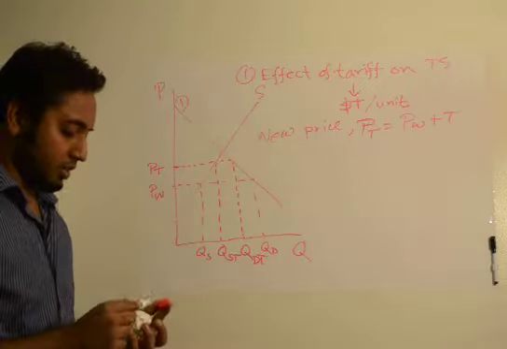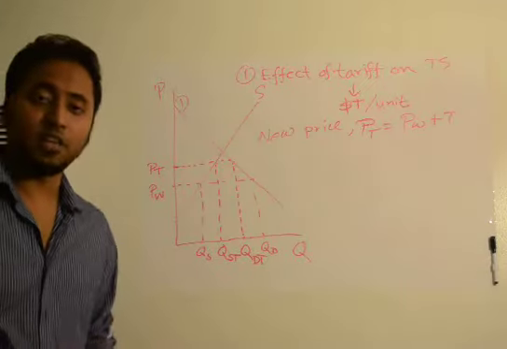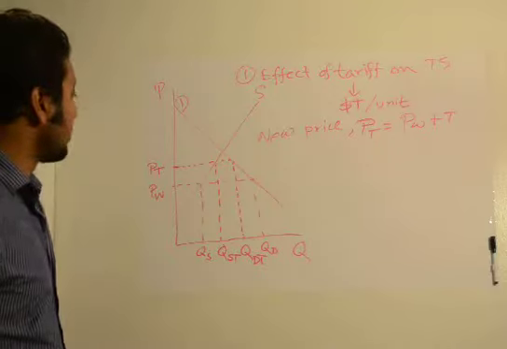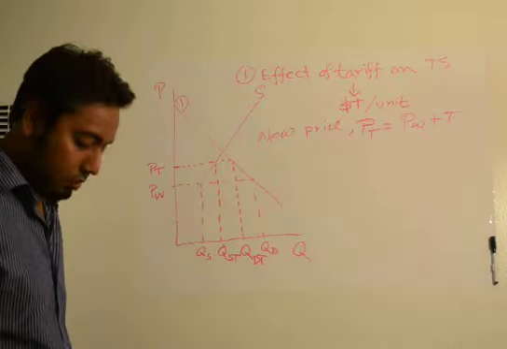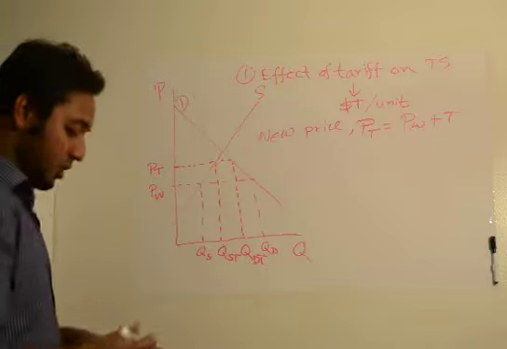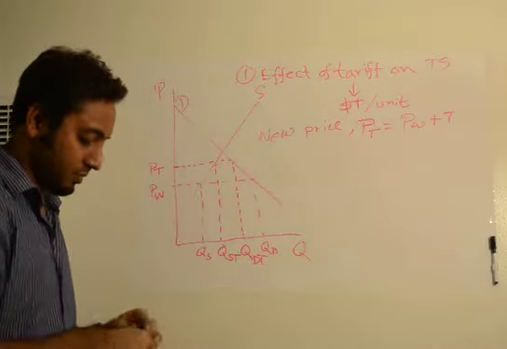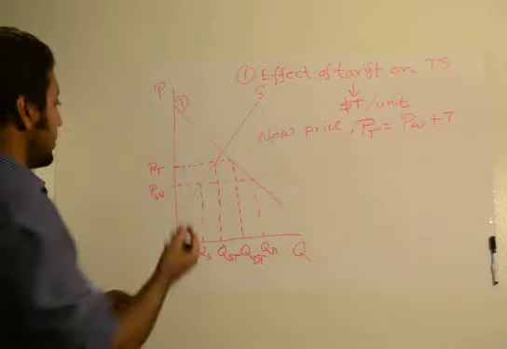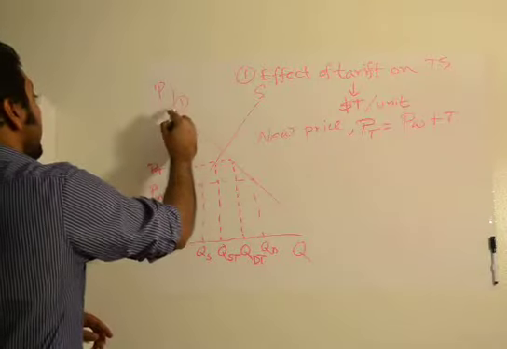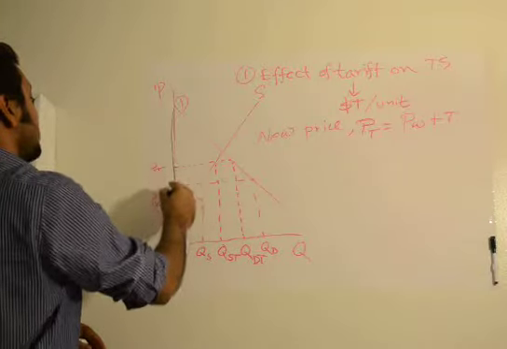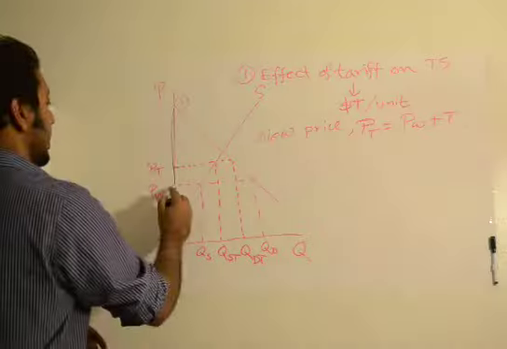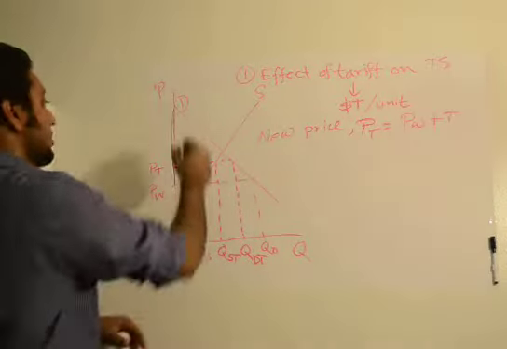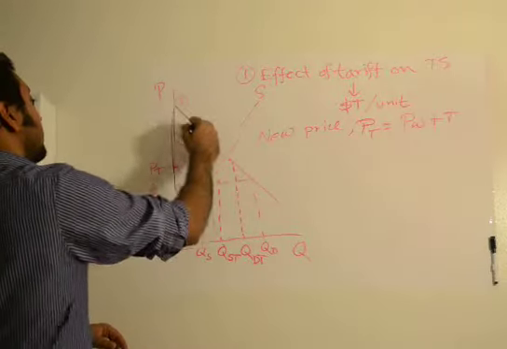Now, a couple of things. Before the tariff, the consumer surplus was given by the area between the vertical axis, the price line, and the demand curve.